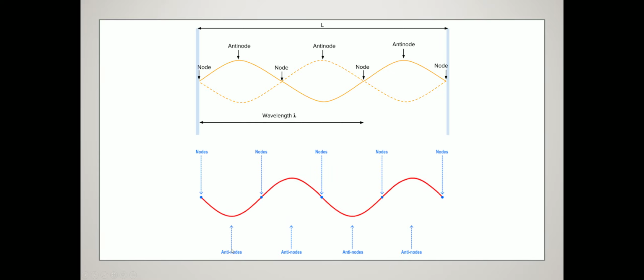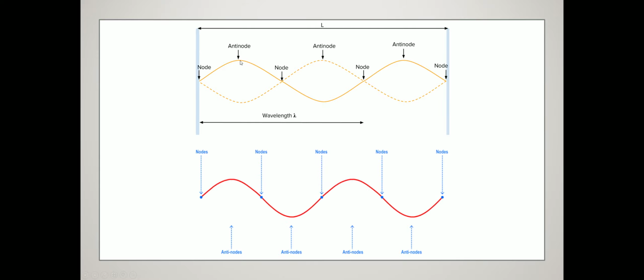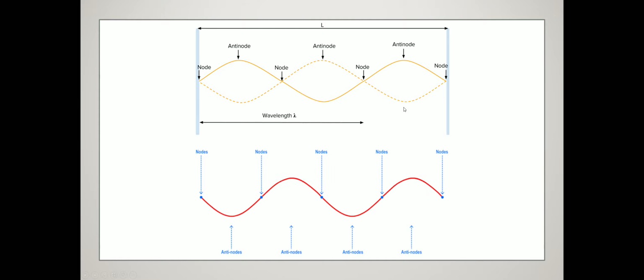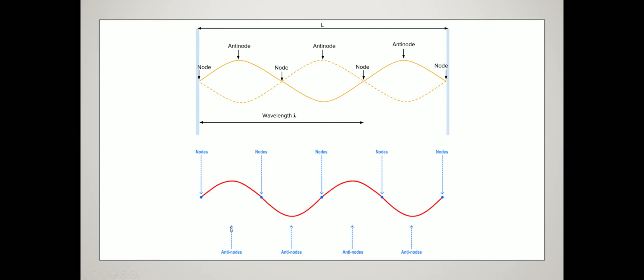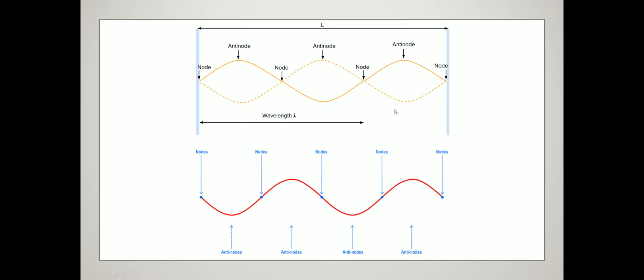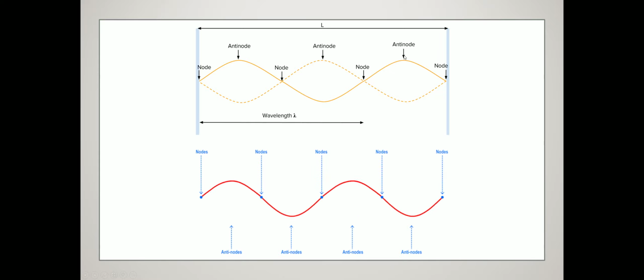So usually the antinodes are the highest point. The highest point right here, highest point right here, highest point right here. All right, so they're only at these points. The antinodes aren't being referred to as the entire stretch in between on this wave.